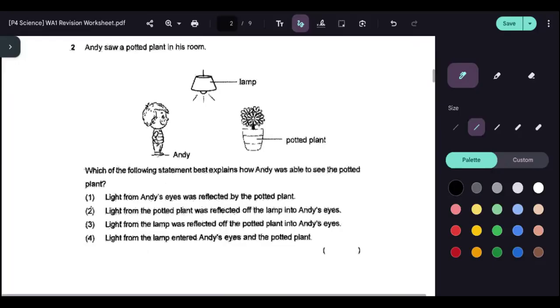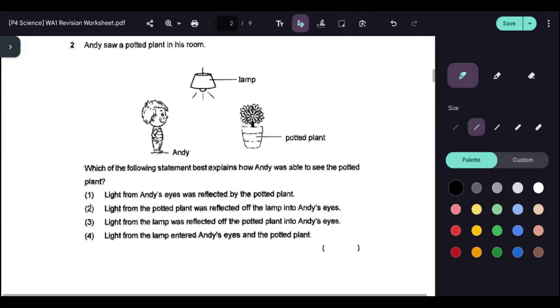Okay, next. Question 2. Andy saw a potted plant in his room. Which of the following statements best explains how Andy was able to see the potted plant? Firstly, the light from Andy's eyes was reflected by the potted plant. This is wrong because remember, the light hits the object before it directly goes into the eye. This is the pathway if you all don't know.